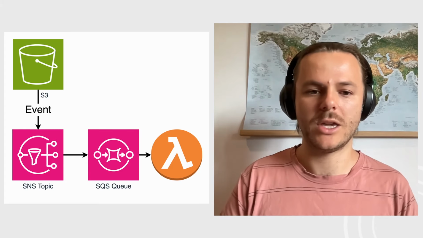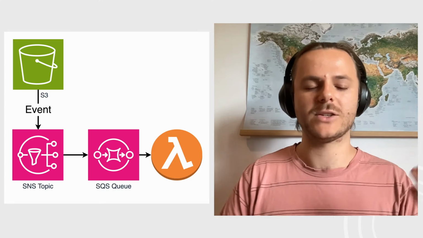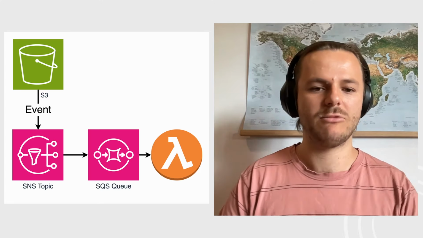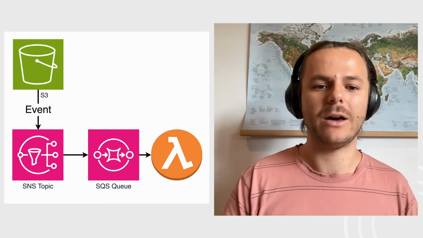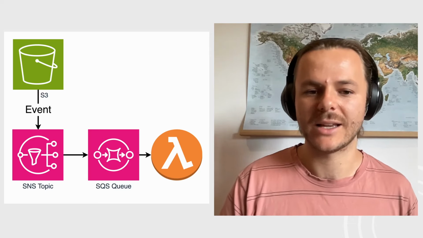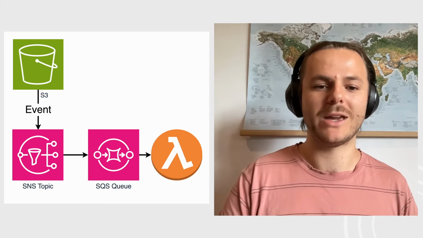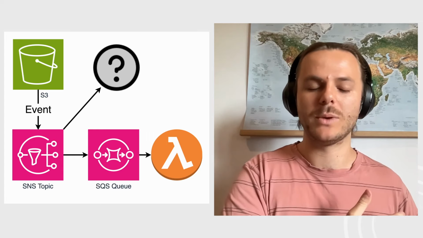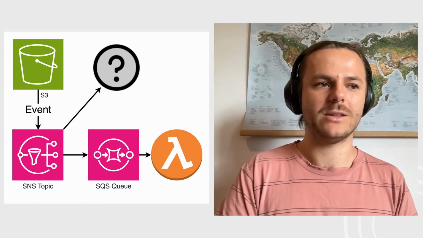You can then set up a DLQ. So if a particular sequence of events fails, we at least have that stored somewhere so we can look at it later and redrive it if we want. Now I like to put SNS in front of that because that allows us to have a fan out pattern at some point. If we want to trigger a second bit of automation down the line, and thinking back to what we talked about earlier with the short-term versus long-term thinking, this is more or less free.